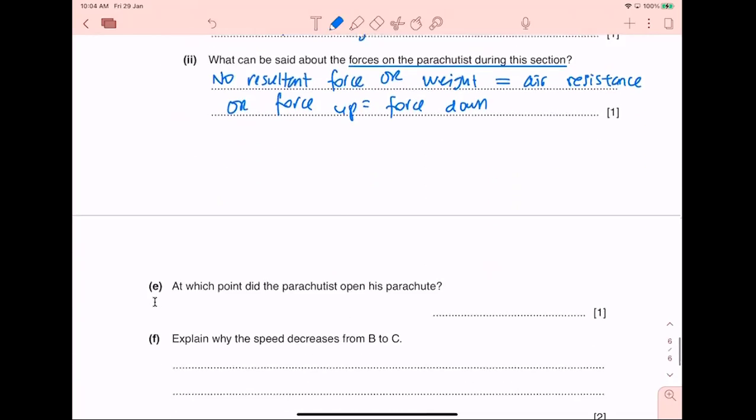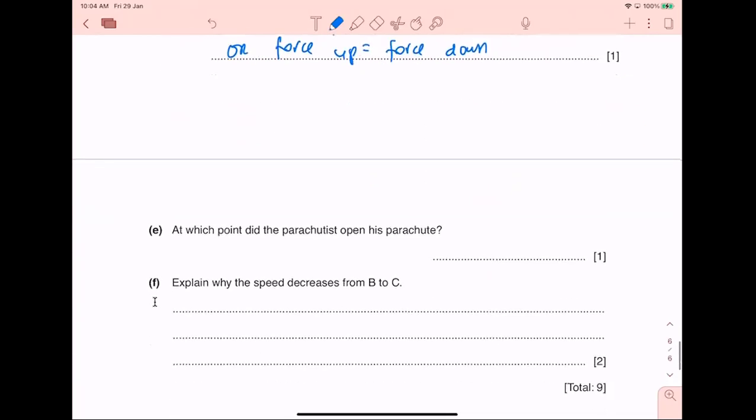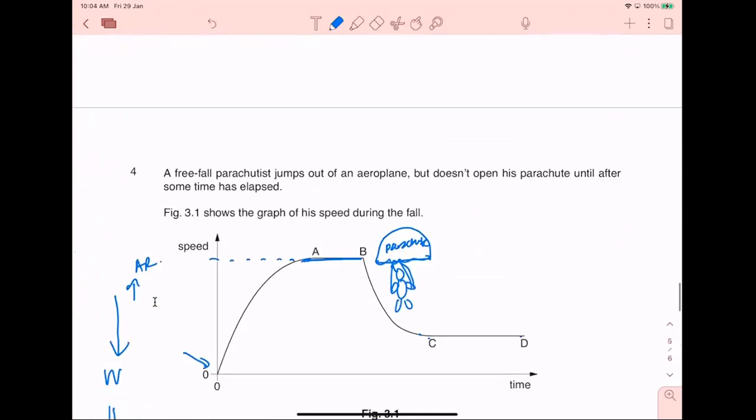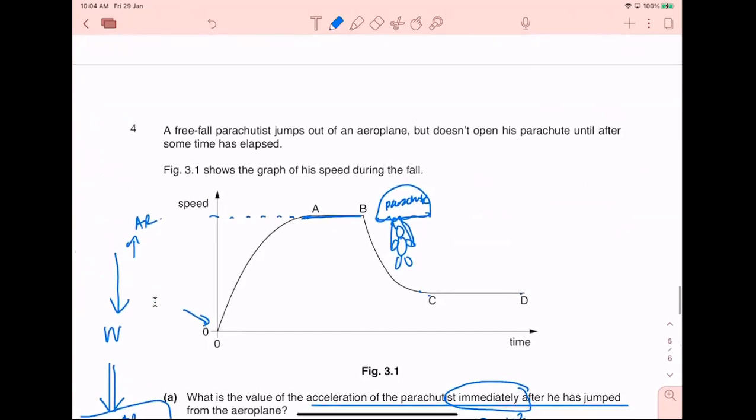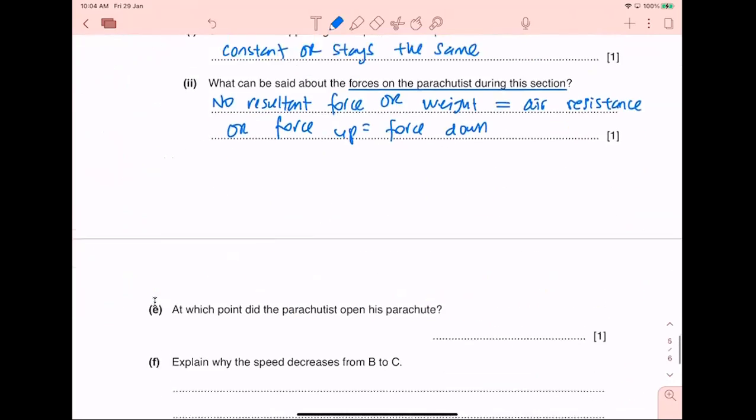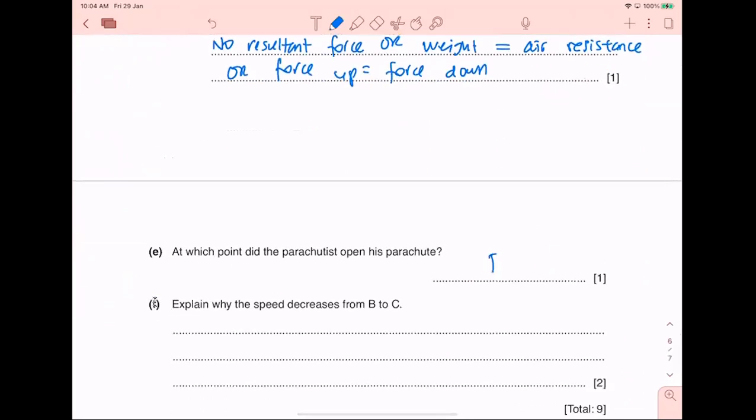Okay, so for E, at which point did the parachutist open his parachute? He opened his parachute at point B, because immediately when he opened, he will slow down. So it is B. Why does the speed decrease from B to C?